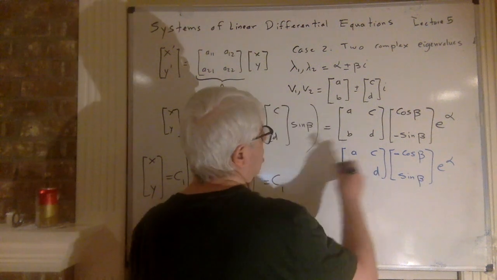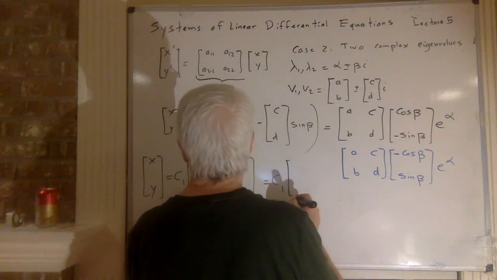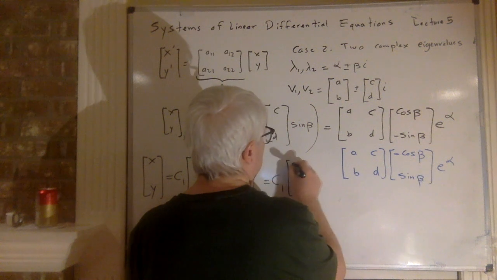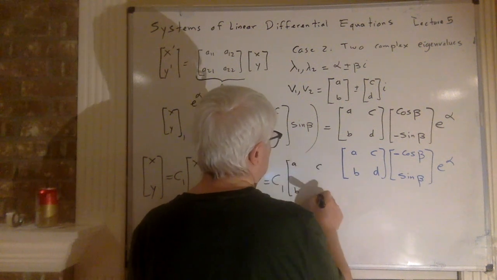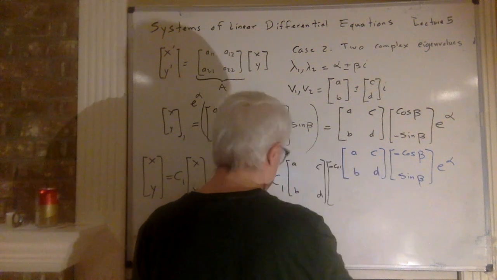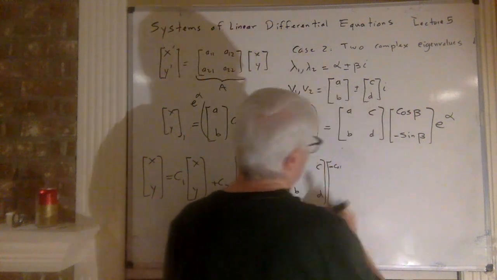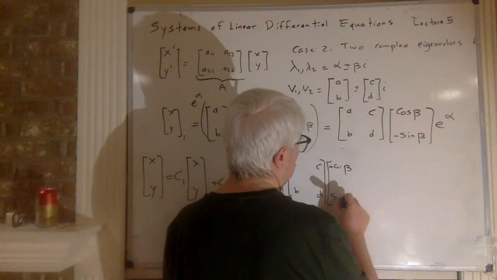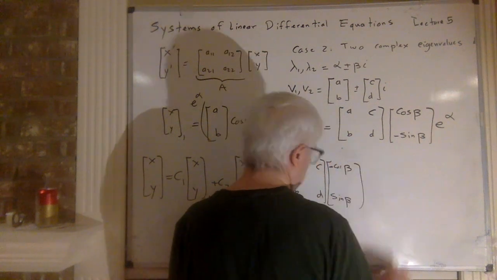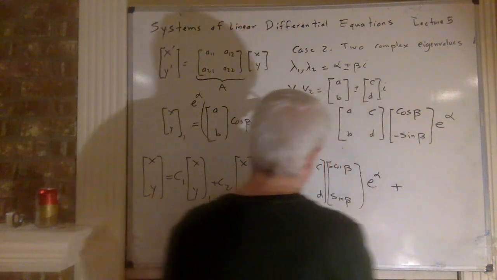I might forget that. So no, the first one was this. Or which one is the first one? Okay, I took this one to be the first one. So A, B, C, D, let me choose this, minus cosine beta, sine beta. Oh gee, I forgot the e to the power alpha. Close.